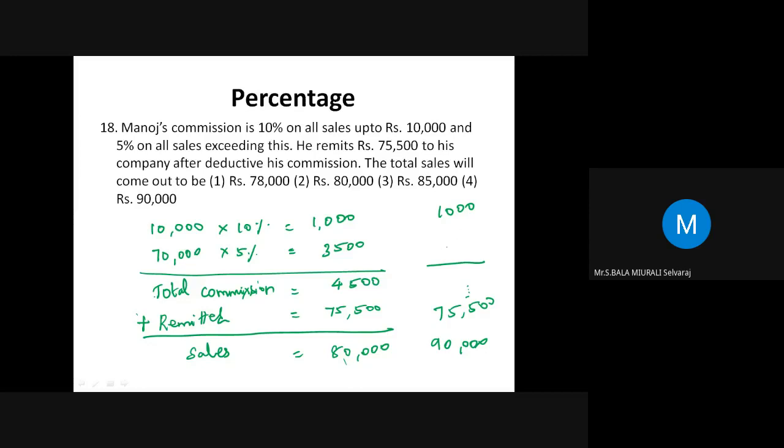What is 5% of 80,000? 4,000, then plus the 1,000 is 5,000. What is 75,500 plus 5,000? 80,500. The answer we need is 90,000, so it is not working. That's what I'm telling, only one answer will tally, not other answers. Understood? Okay, sir.